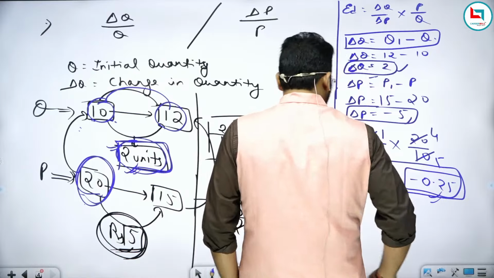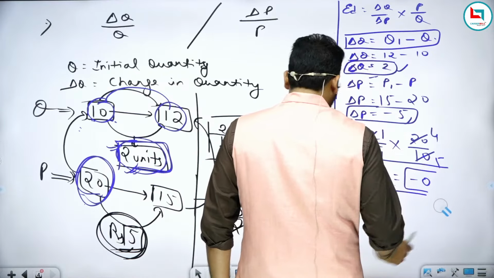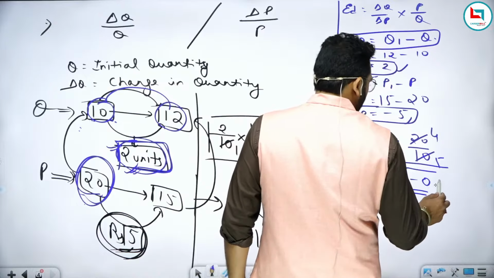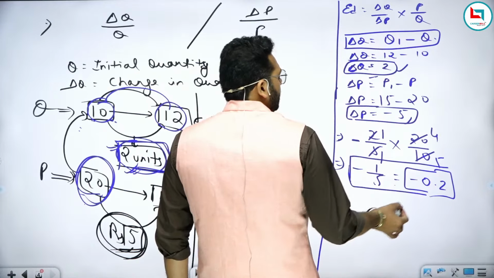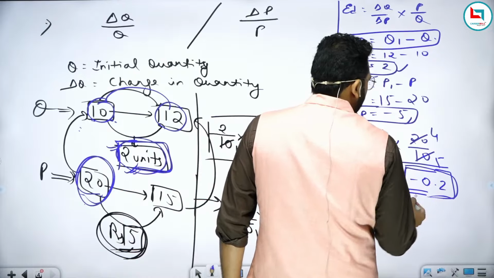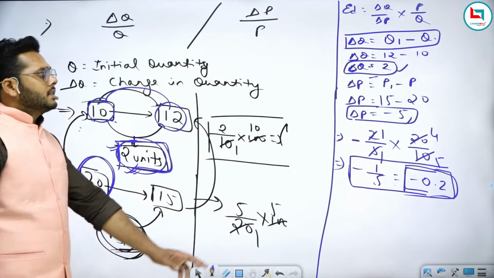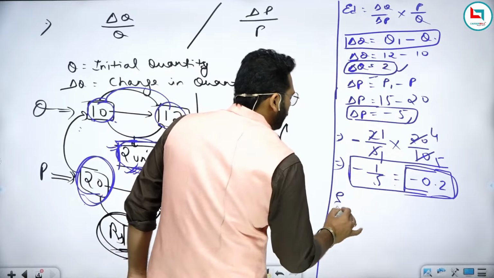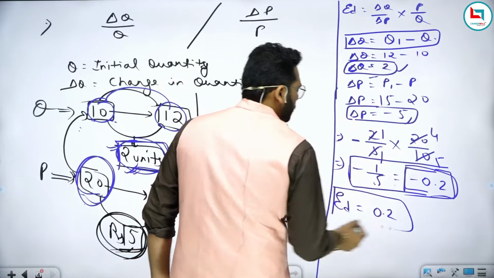So now you can understand that you don't need to go to 0.25, because at that time your question has been resolved. So we can write here, the answer you are getting is 0.2, right? So this is AD. Now AD is what? You are getting the value of 0.2.